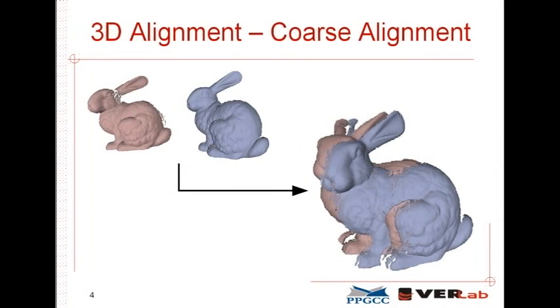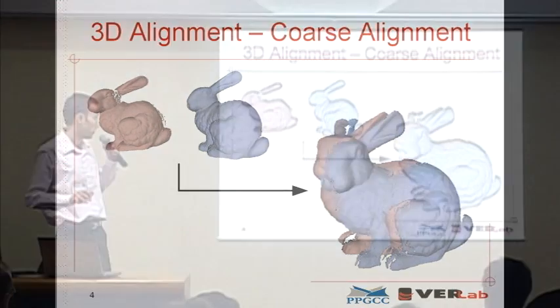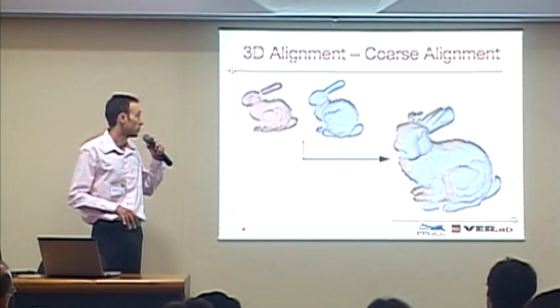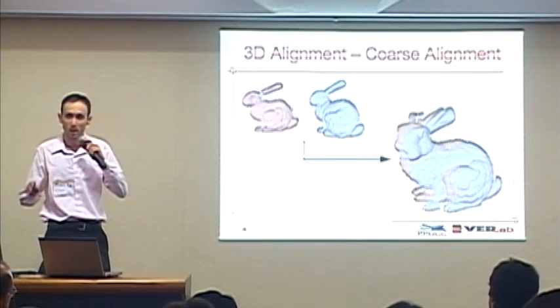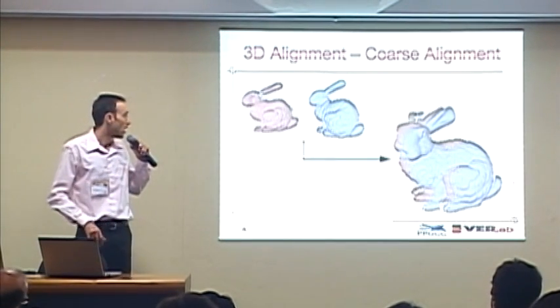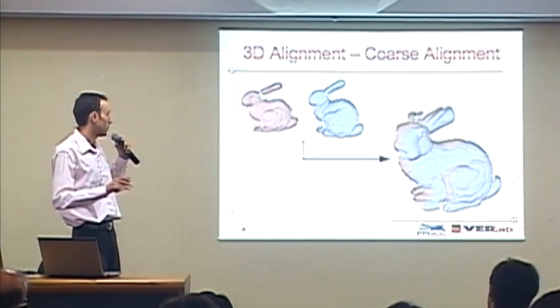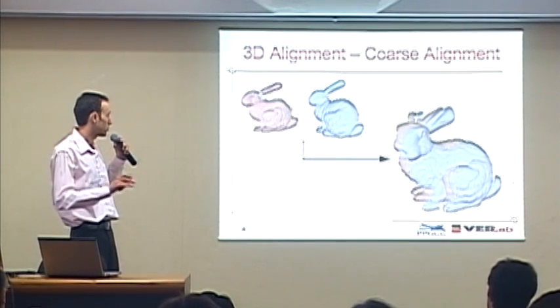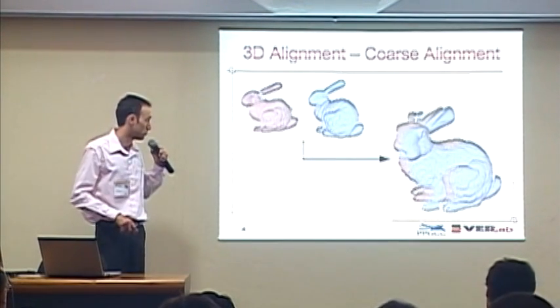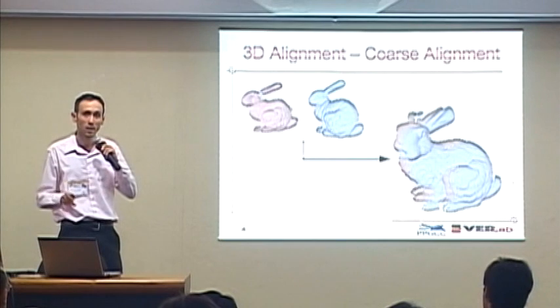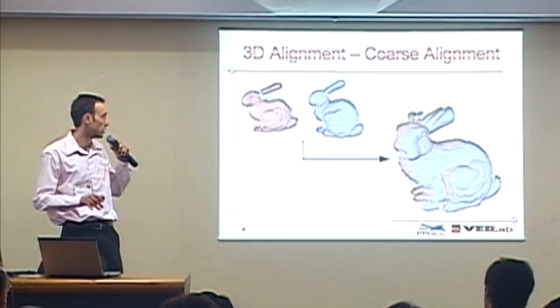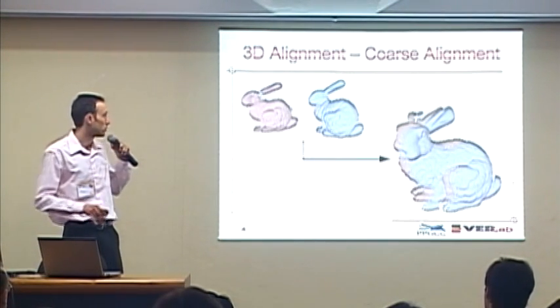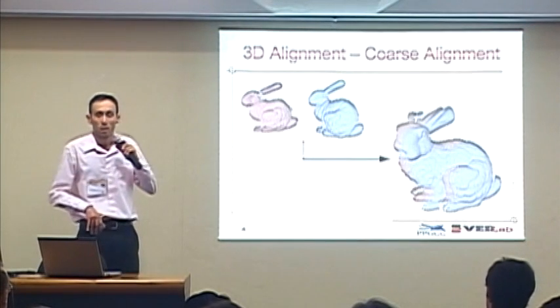Usually, the first step is the coarse alignment. The main function of the coarse alignment is to make an initial estimation of the transformation between the two views.